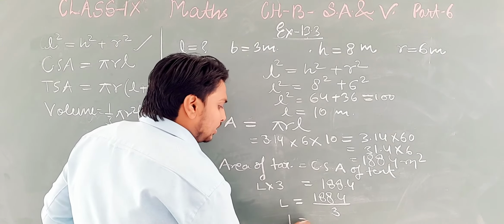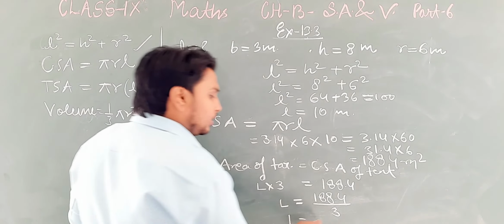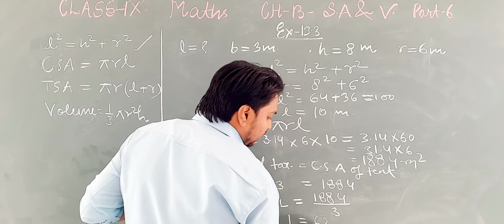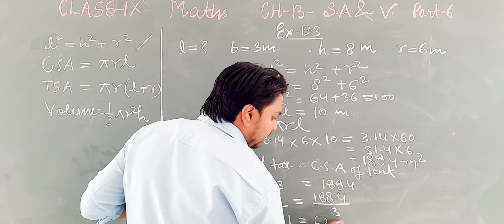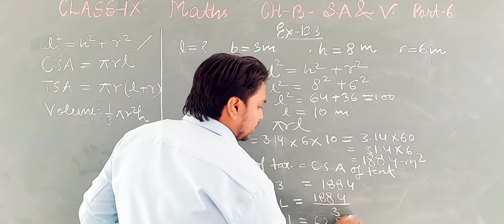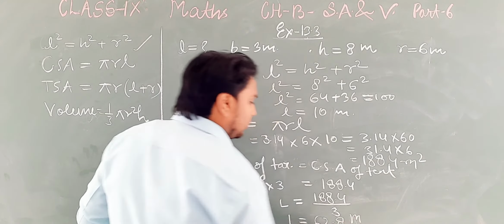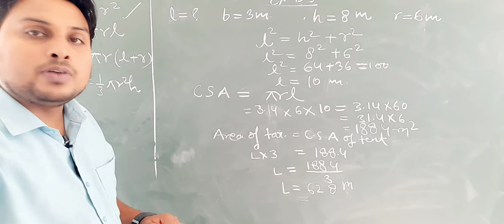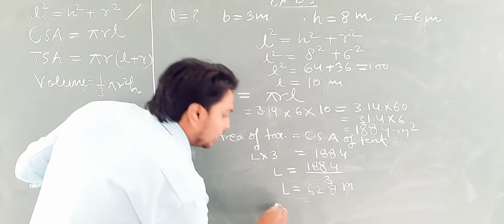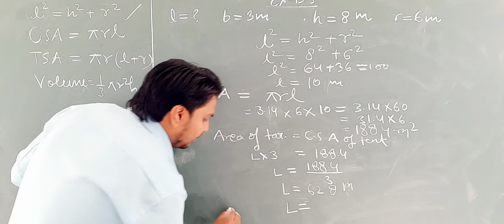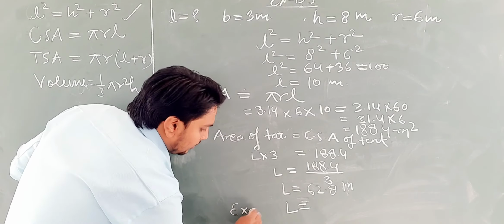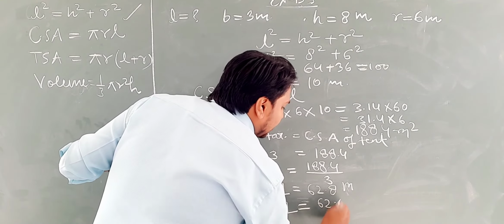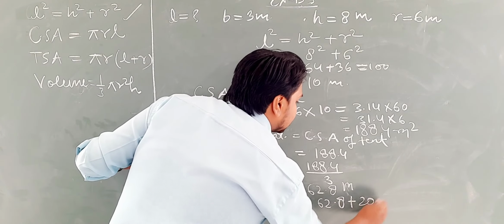So 3 sixes are 18, 3 twos are 6 and 3 eights are 24. So this much is the value of length, but in the last step we have to add the wastage also. The exact length will be 62.8, and we have to add 20 centimeter.